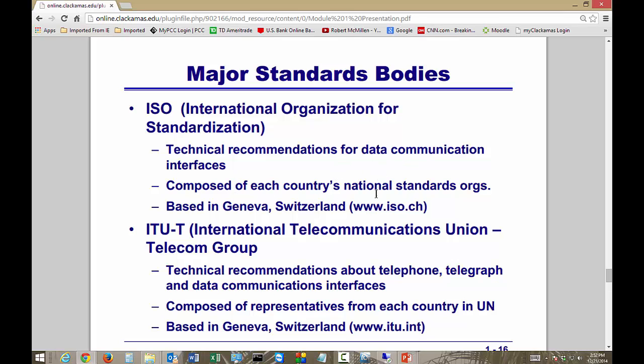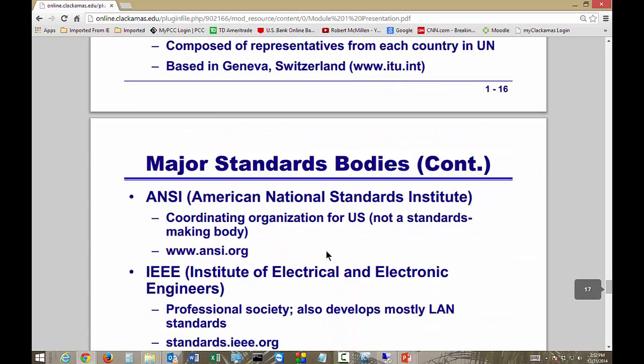They're composed of each country's national standards, and it's based in Geneva, Switzerland, although we won't hold that against them. ITU-T, which is the International Telecommunications Union, makes technical recommendations about telephone and telegraph, although strangely enough, some still use the telegraph, and data communications interfaces, composed of representatives from each country in the UN. So if you're not in the UN, you don't have a say. And again, based in Geneva.